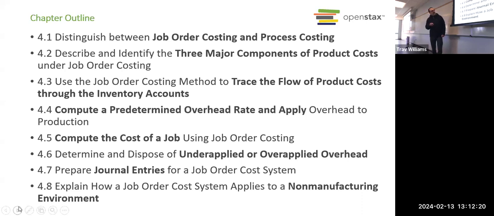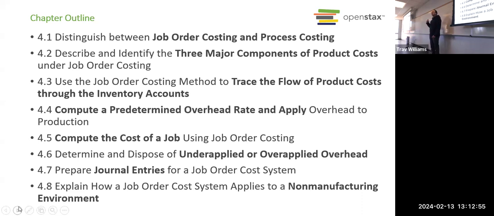All this allows us to compute the cost of individual jobs that we do for individual customers. When we compare the overhead costs that we have applied, we can see whether we applied too much overhead, or maybe we under-applied and didn't apply enough. We will learn the journal entries, and the same concept of job order costing can also be applied in a non-manufacturing company.